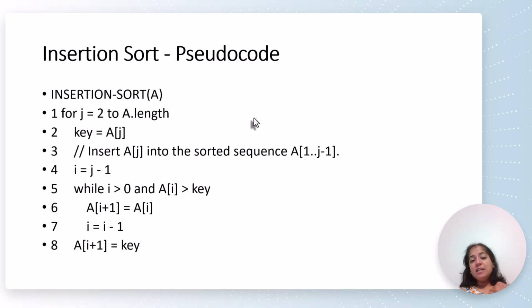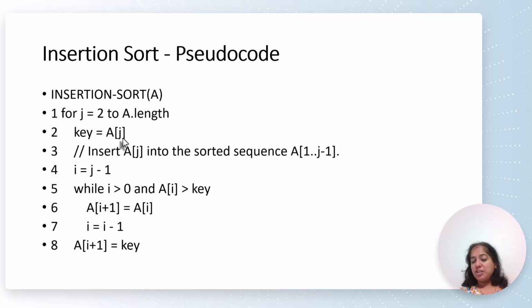Now, we have done the insertion sort earlier also. Insertion sort is in which we assume that our first element is sorted, and then we take elements one by one and insert each at its proper position. So we start with the second element. That is why my loop starts here at the second: j equals 2 to a.length, where a is the array which we want to sort.